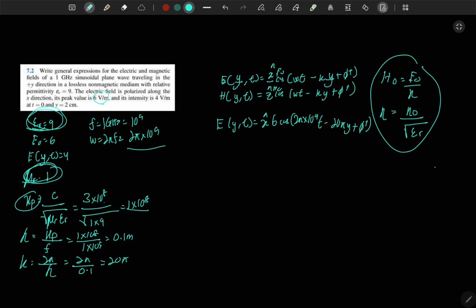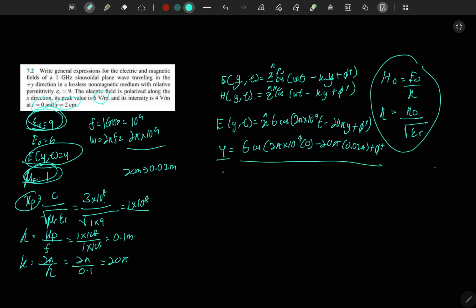Now we know that E of y, t is equivalent to 4, meaning for x, we remove the x vector for a while. 6 cos of 2 pi times 10 to the power of 9, they say t is 0, so 0, minus 20 pi, they say y is 2 centimeter, so 2 centimeter is equivalent to 0.02 meter, plus this phase, and this equals 4.